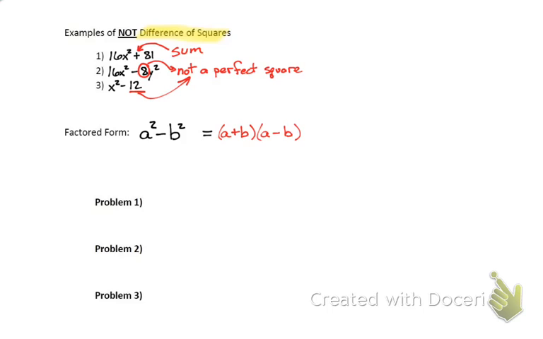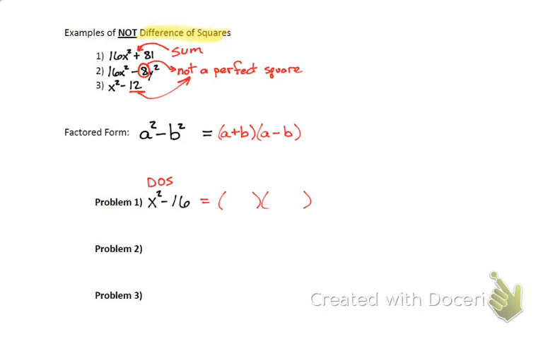So let's apply that to a couple problems down here. I'll go through these first ones with you. So x squared minus 16. Let's factor this one out. You recognize it is a difference of squares, DOS.